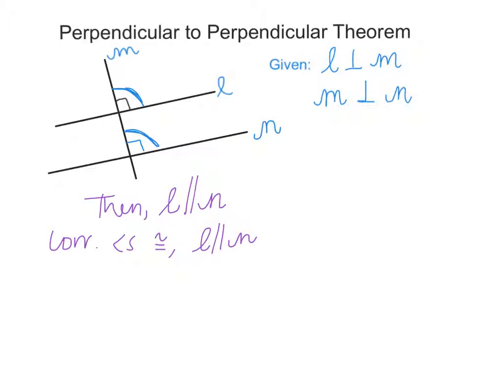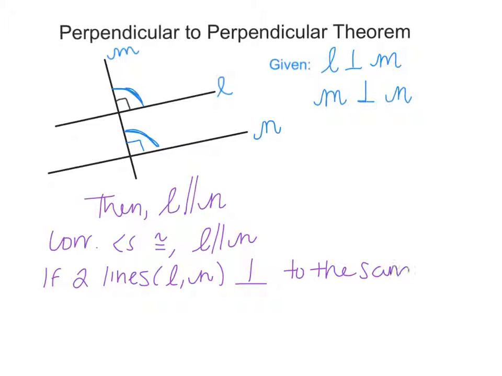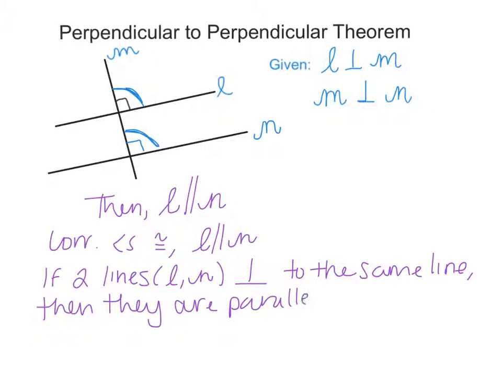So if two lines, in this case line L and line N, are perpendicular, remember that upside down T, to the same line, then they are parallel to each other. All right, and that gives us that line L is parallel to line N.